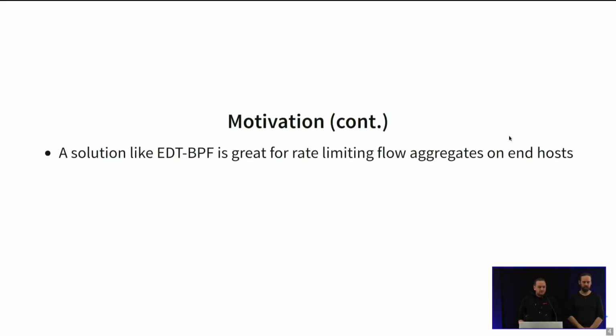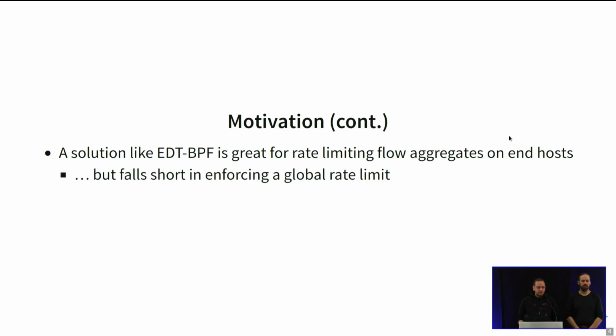A couple of years ago, we saw a solution, the EDT BPF approach, which was also presented at this conference. This was a great solution for rate limiting multiple flow aggregates on end hosts, but it has its shortcomings when it comes to enforcing a global rate limit.